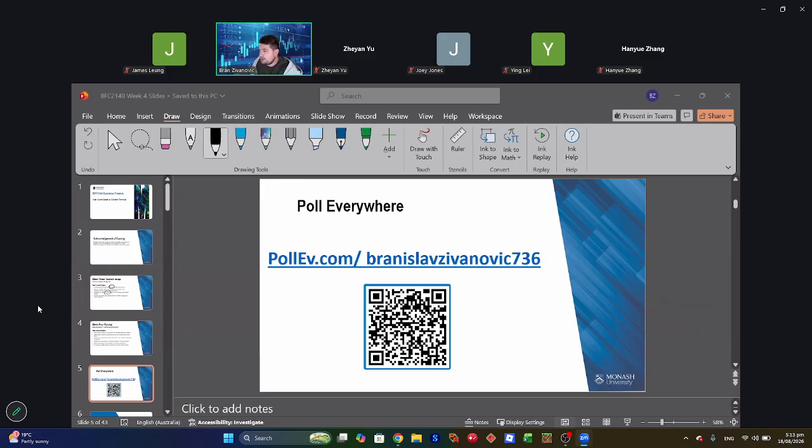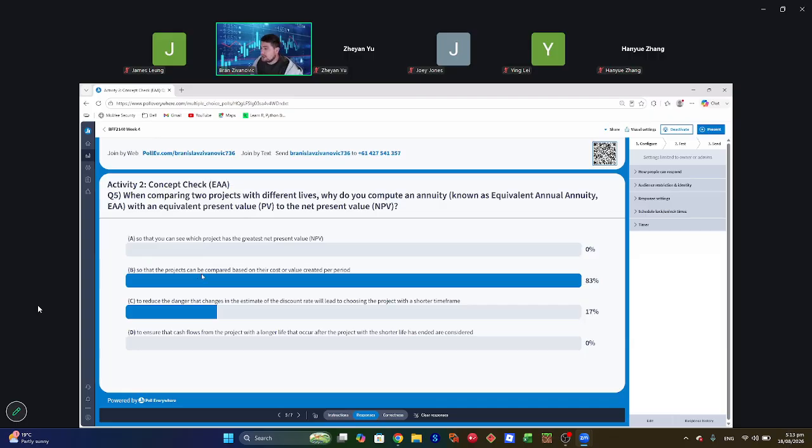I think most of you would have gotten this one correct already. It's because you want to have projects that you can compare like for like. Comparing them on a value basis per period is what the equivalent annual annuity lets us do, so option B here is the correct one.